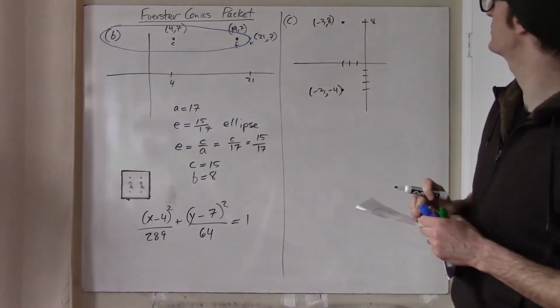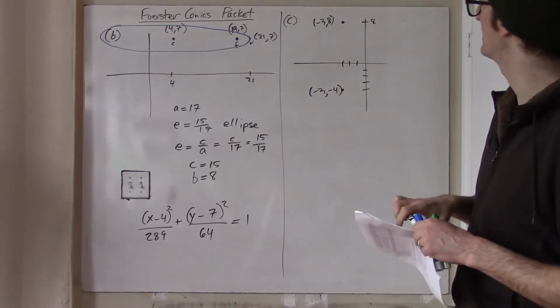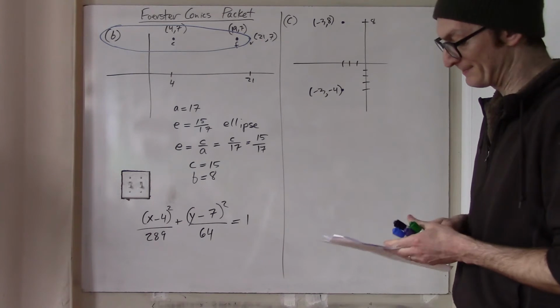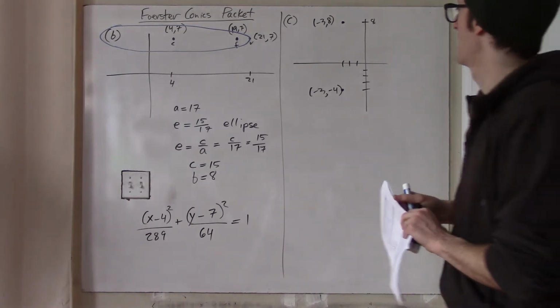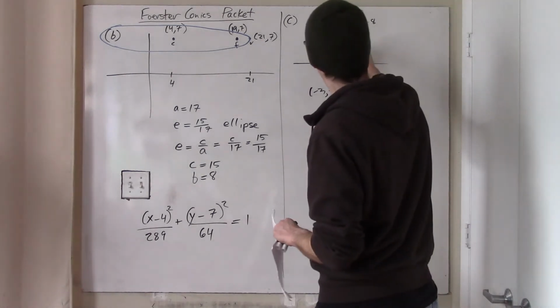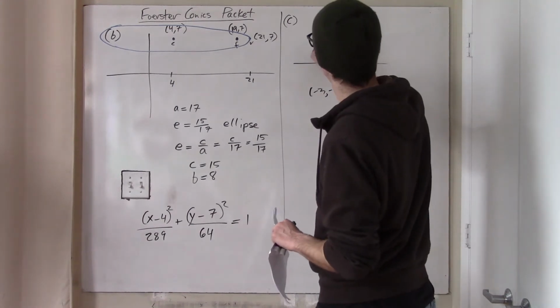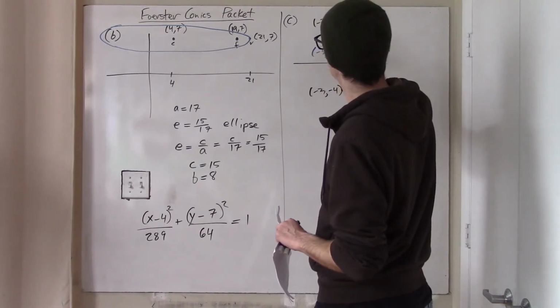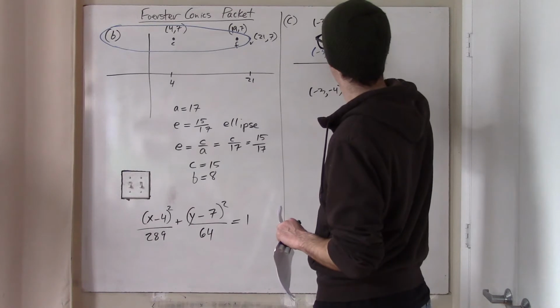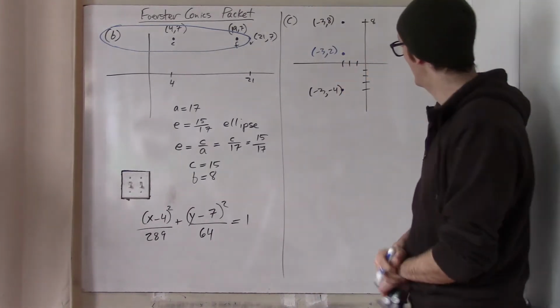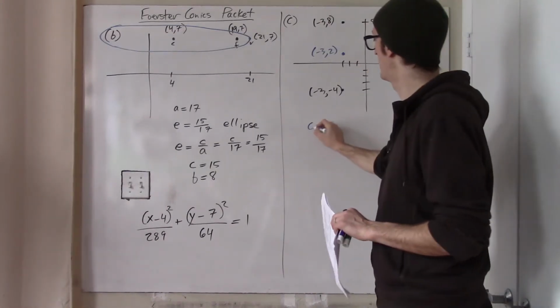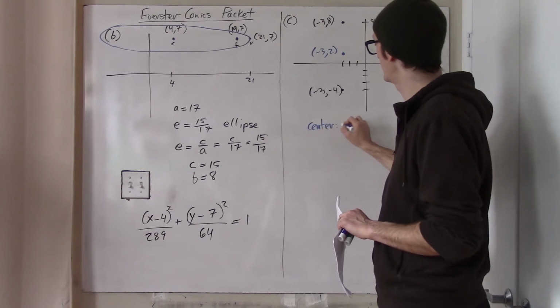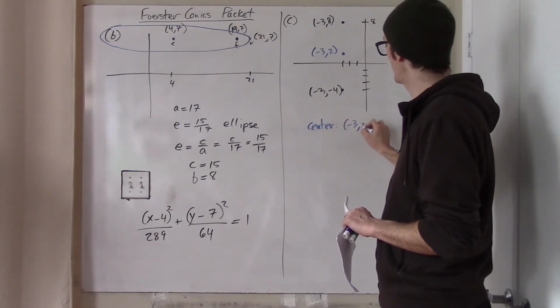If those are the foci, of course, I can immediately take their average, and that's going to be 2, the average of the y-coordinates. So I have the center at (-3, 2), so maybe I'll even just write that, center (-3, 2).